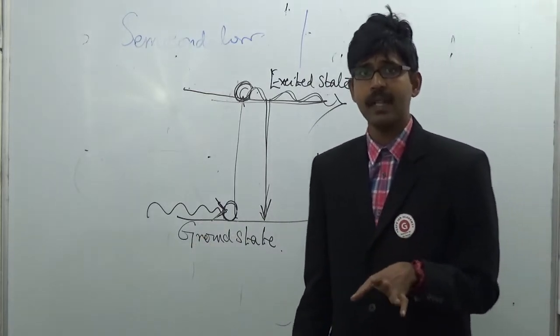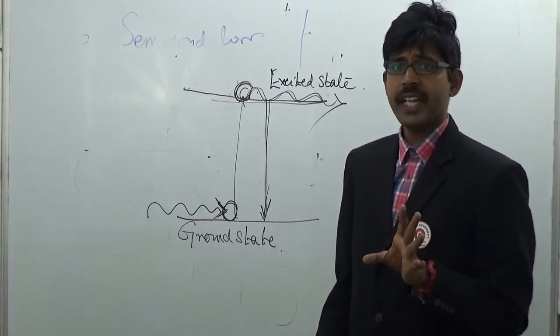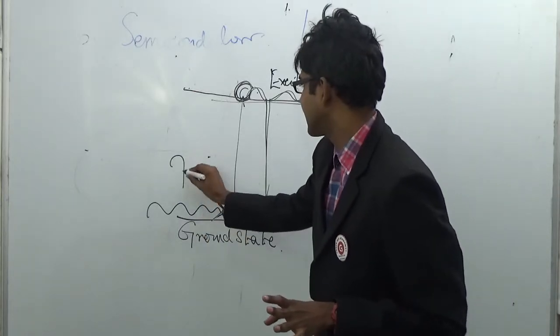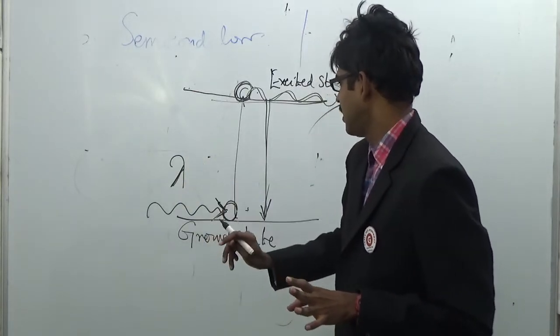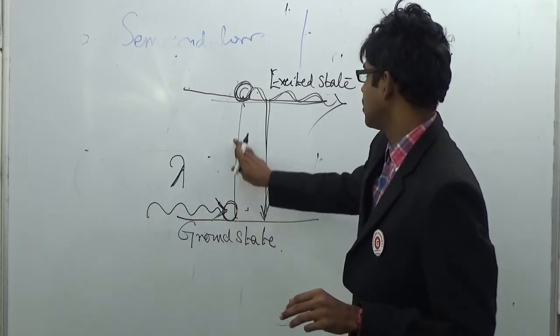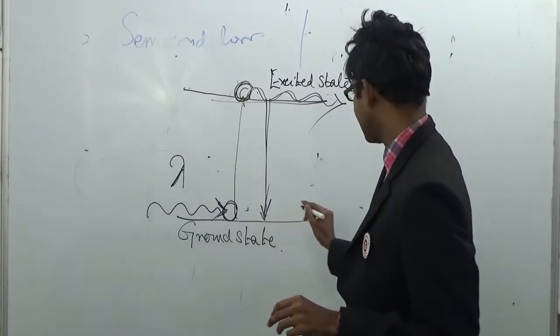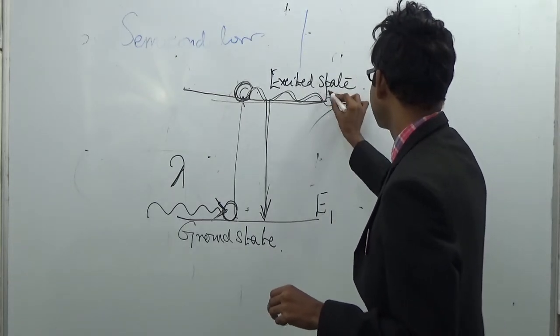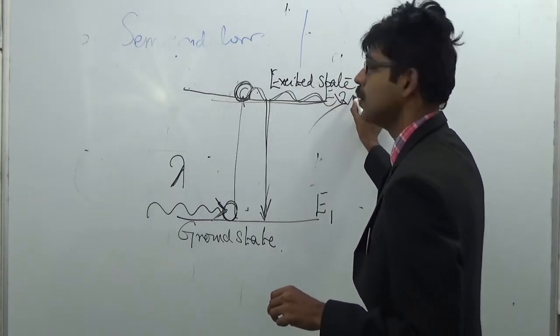For example, I'm introducing a light energy with a wavelength lambda to this atom, and it is taken to the excited level. For example, I say this energy level is E1, this energy level is E2.